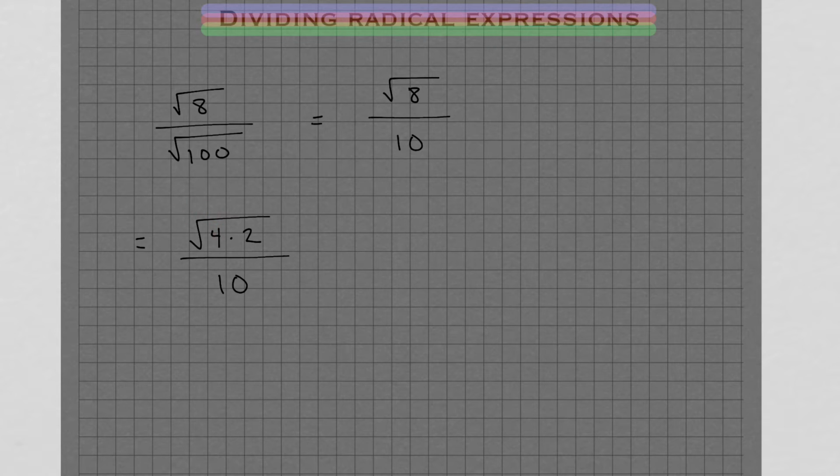So the square root of 4, you could take it out, and the square root of 4 equals 2. So we have 2 times the square root of 2 over 10. To get the final answer, all we're going to do is reduce this 2 and this 10. So we get our final answer as the square root of 2 divided by 5.